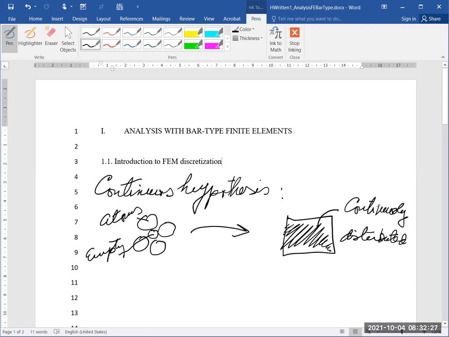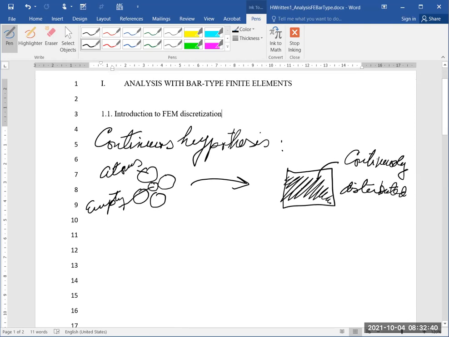This means that now there are no spaces inside here, and we can calculate continuously the stress inside this matter.